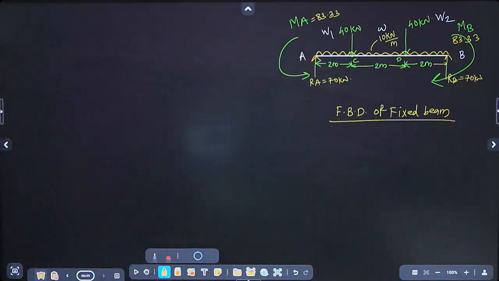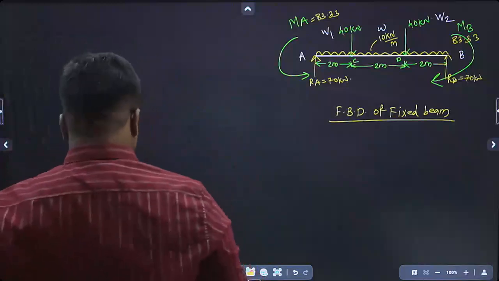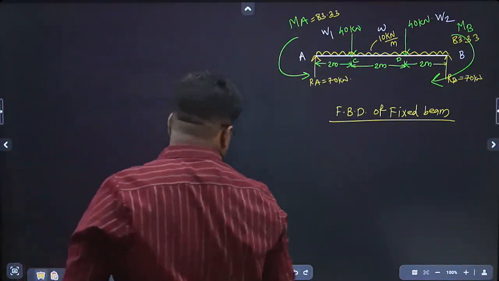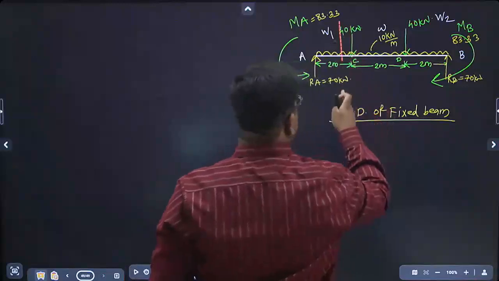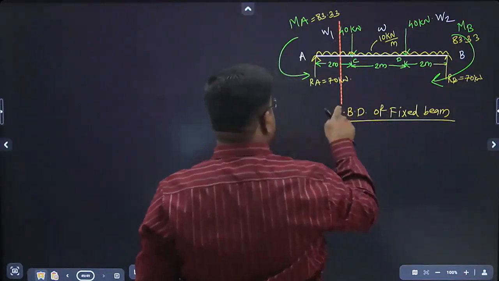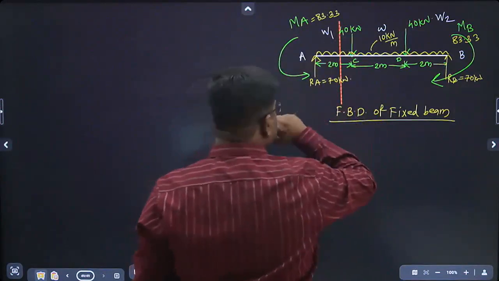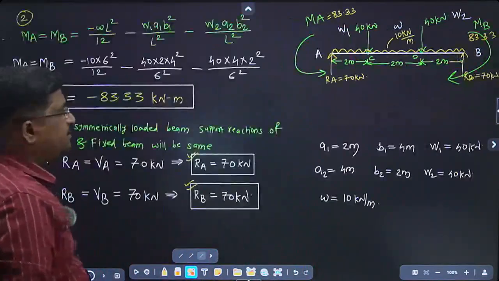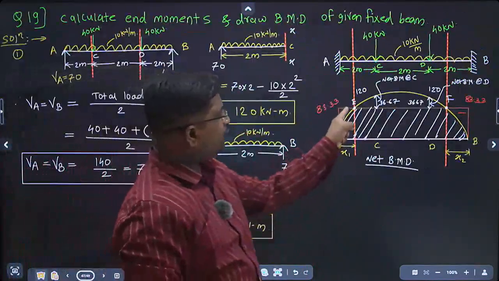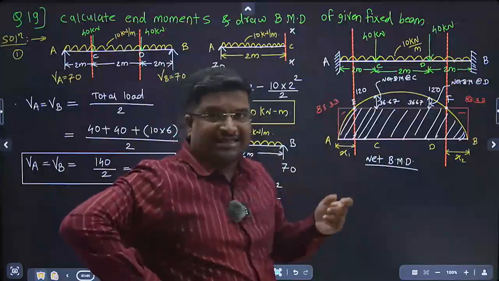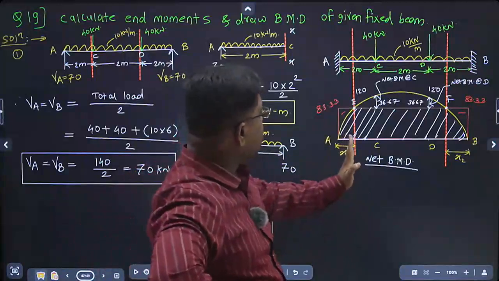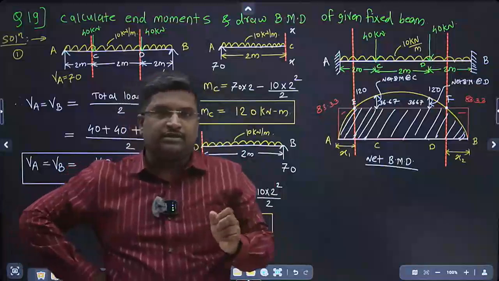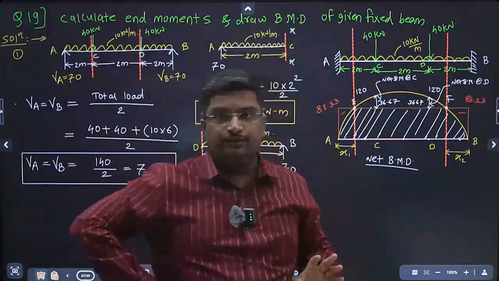Now consider the section in between A and C, because the point of contraflexure is located in between A and C. See here, this is the location of the point of contraflexure, but we don't know the exact distance. That's why we are considering the section there, and we know that at the point of contraflexure the bending moment value is always 0.